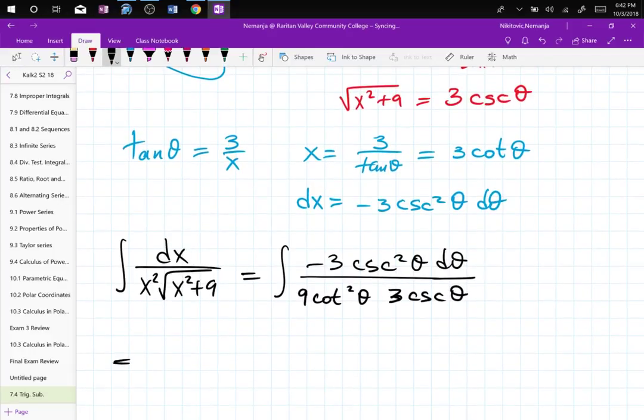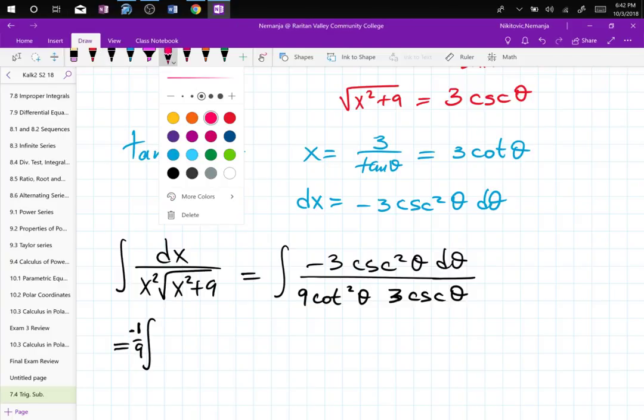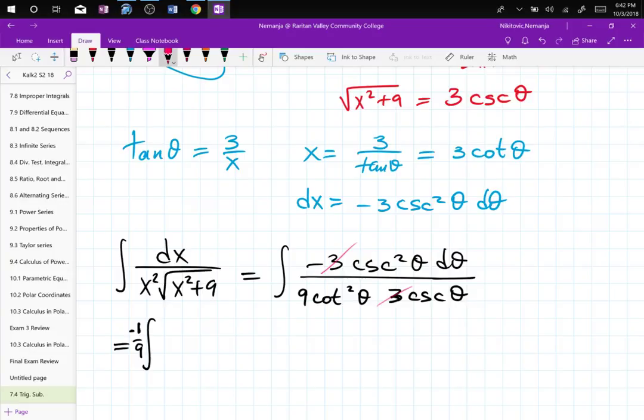We transformed the entire integral into the trig integral, and now all we need to do is simplify this, and we are done. We kick out negative 1 over 9. The 3 and 3 cancel. And then we cancel one of the cosecants with the cosecant in the denominator.